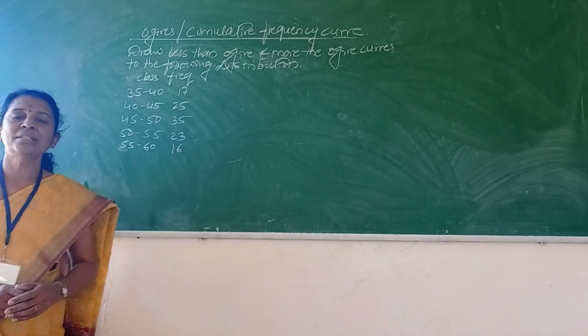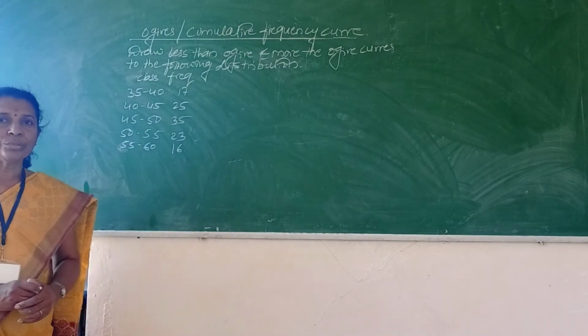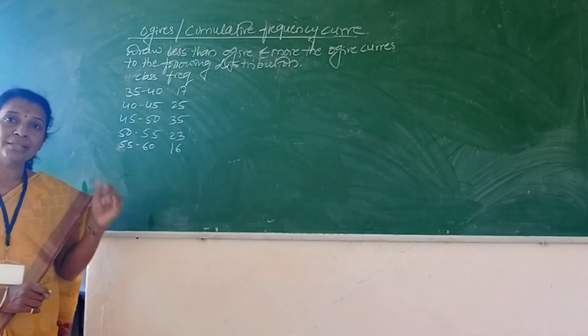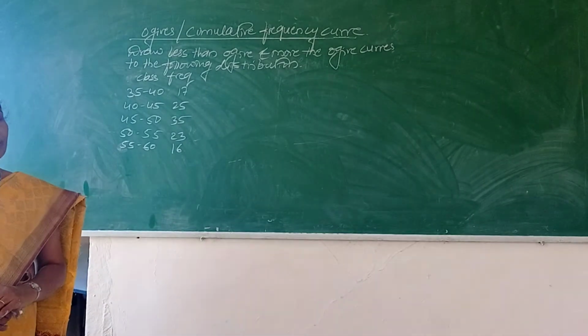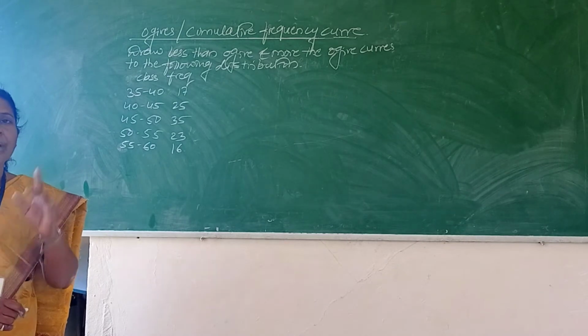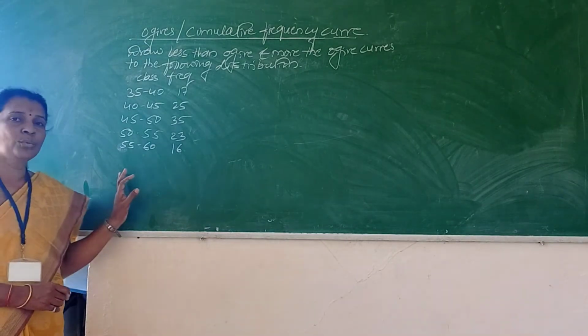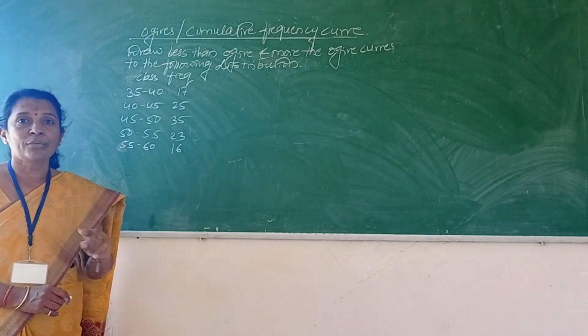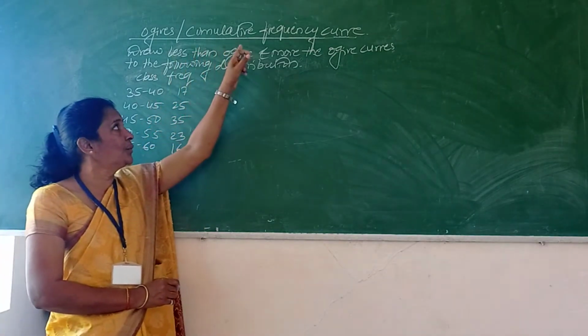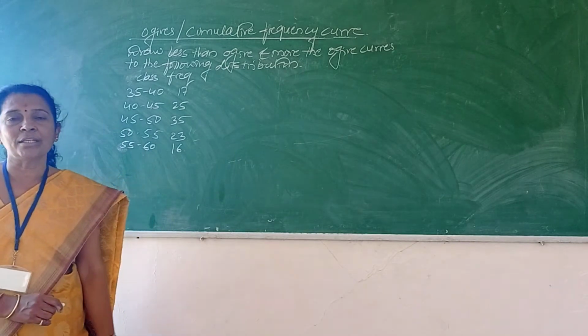Now when this is given to you, we will draw first less than Ogive and then more than Ogive curve. One thing you have to find out before we draw it: cumulative frequency. That is why another name is cumulative frequency curve.